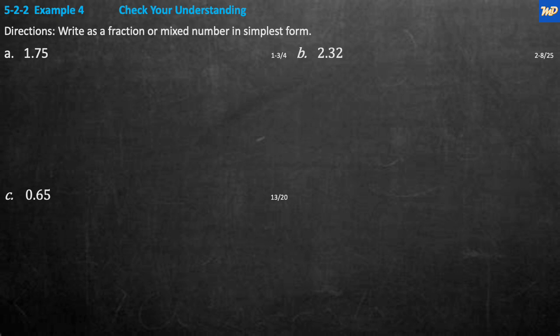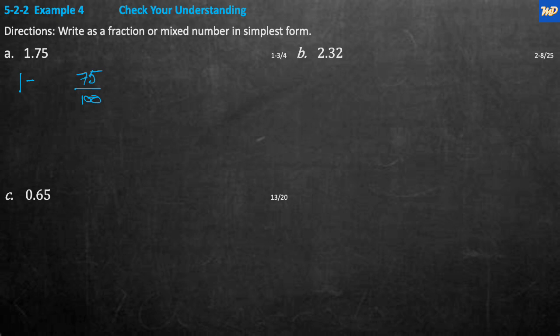Okay, now that you're back, let's try A. Like I did before, I'm going to pull the 1 aside because we don't have to do anything with the 1. I'm going to leave the 1 right here, and put a dash for my fraction. And I'm going to say 0.75, or I'll just do the 75 now, 75 divided by 100, because that's what this is, 75 100ths. It's now a fraction.